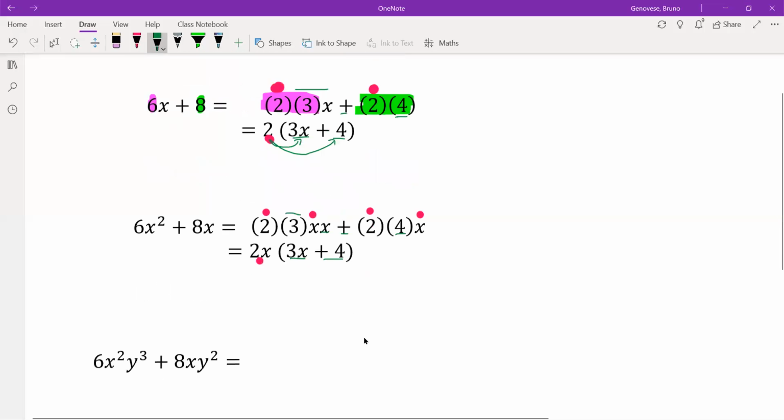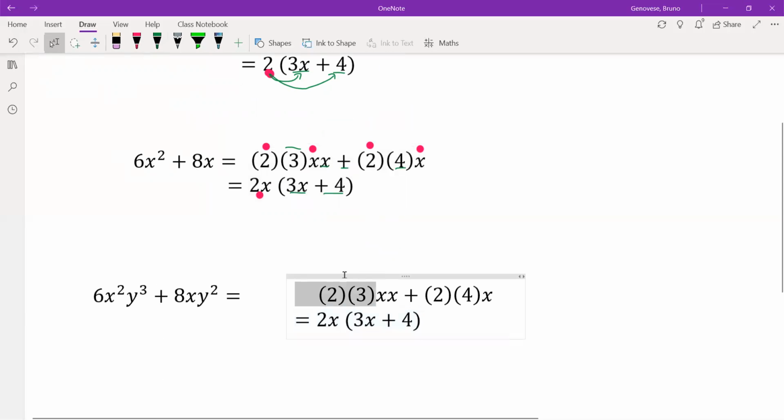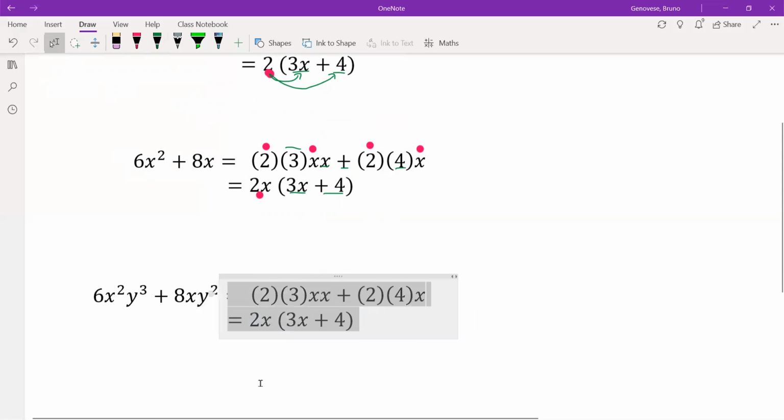Okay, we'll try one more. So again, making this a little bit more complex. So now we've added in some y terms here.